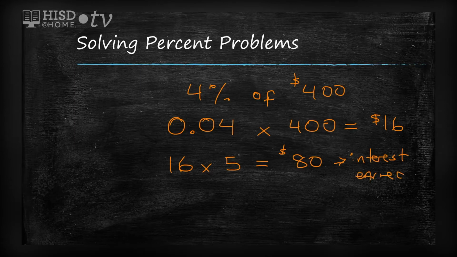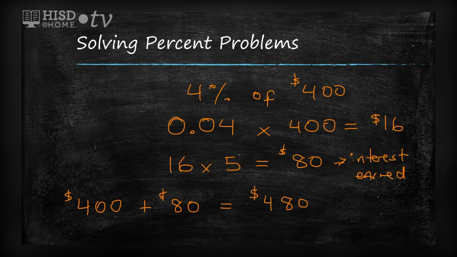Okay, and that's totally different from the balance on the account, because the balance also takes into account the $400. So the only thing that I have to do at last is the 400 that he had initially plus the $80 that he earned, and my total balance will be $480 after 5 years of earning 4% simple interest.